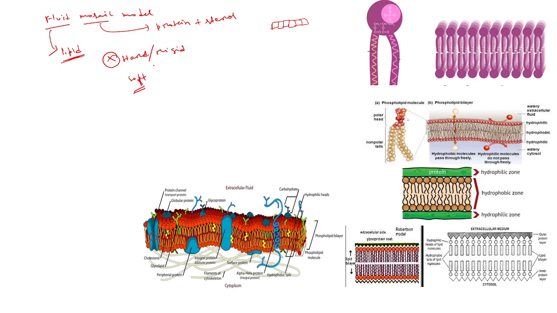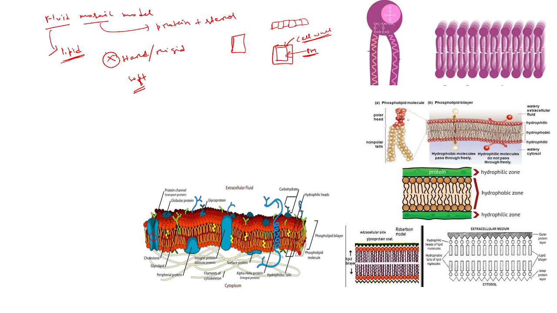Unlike the cell wall, which is very hard or very rigid and present in the plant cell. That means in the plant cell, this is the plasma membrane, and on the outer side of the plasma membrane another layer is present, and it is called the cell wall. The cell wall is very hard, but the plasma membrane is not very hard. It is a fluid-like structure, or very soft.